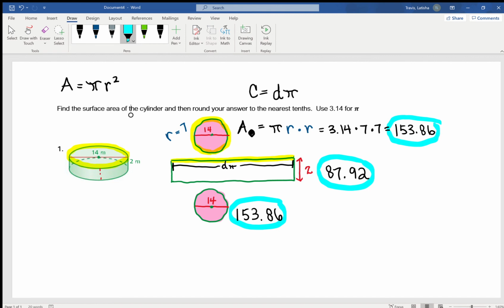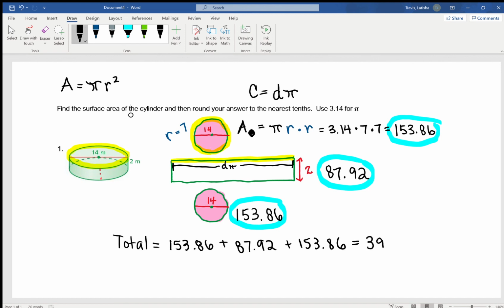We end up with, if I did that correctly, a total area. We're just writing this all out so you know where this is coming from. We get 395 and 64 hundredths.